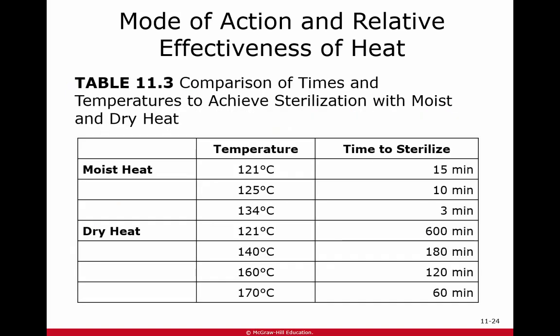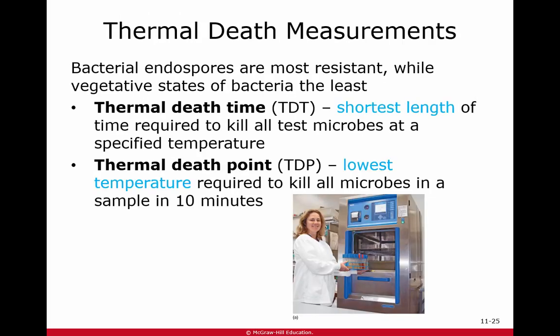Now, a couple of terms that we want to look at, and you can see some temperatures and some time frames here. There are 2 vocabulary words that we look at with microbes: TDT and TDP. The first one, TDT, is thermal death time. For each microbe, we're given a thermal death time.